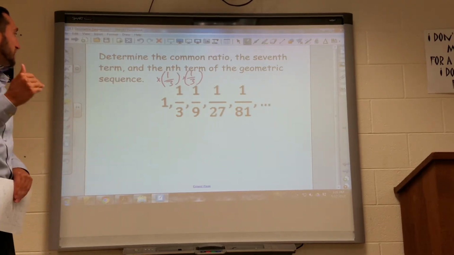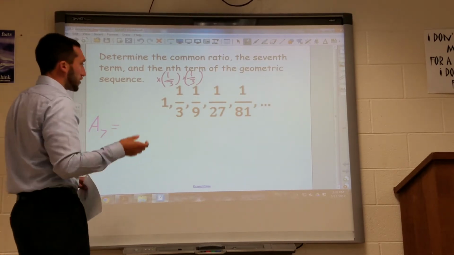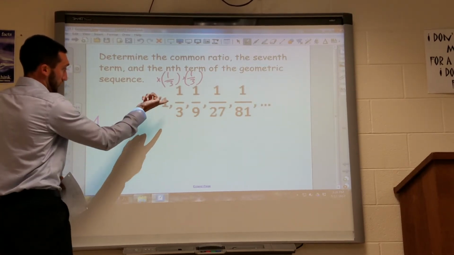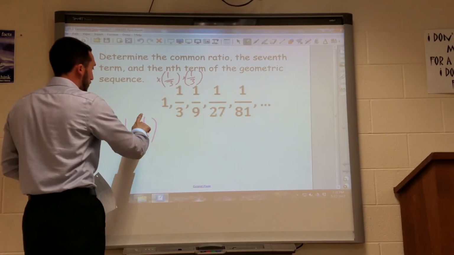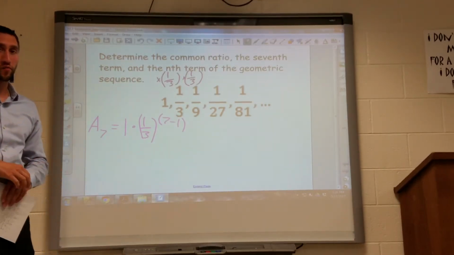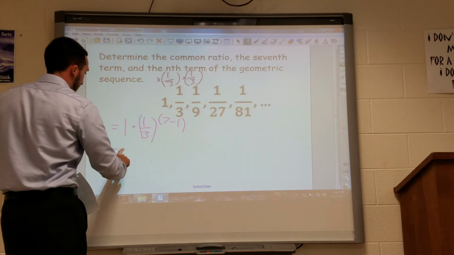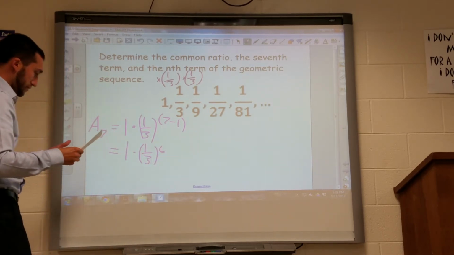They want me to find the 7th term. So a sub 7 equals my first term, which was 1, times the common ratio we found, 1/3, raised to the 7 minus 1, the n minus 1. So I solve 1 times 1/3 raised to the 6th.